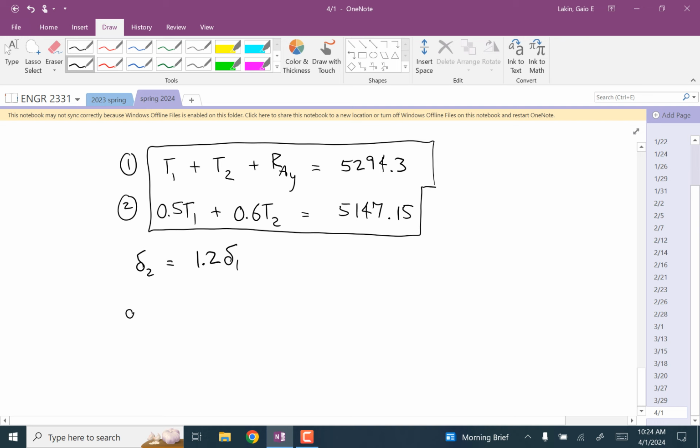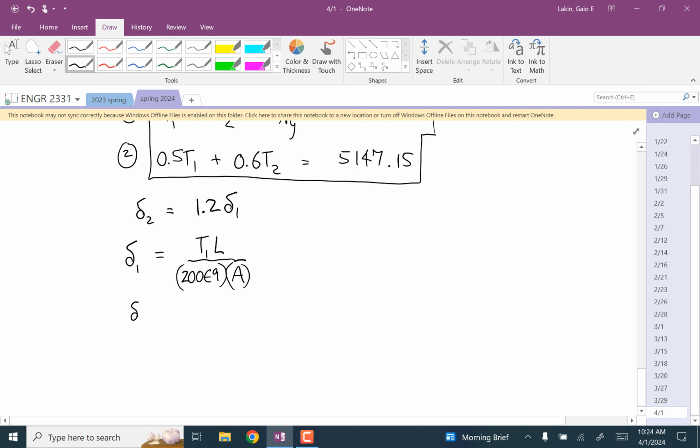But now when we get into the definitions of these things, our delta 1 is the tension in 1 times the length that they both share, divided by 200 times 10 to the 9 times the cross-sectional area. And delta 2 is T2 times L divided by 110 times 10 to the 9 times the cross-sectional area.